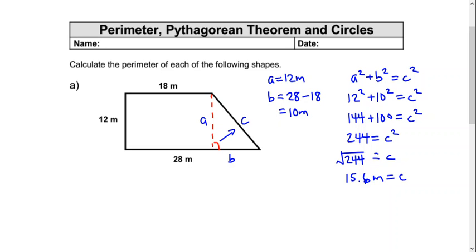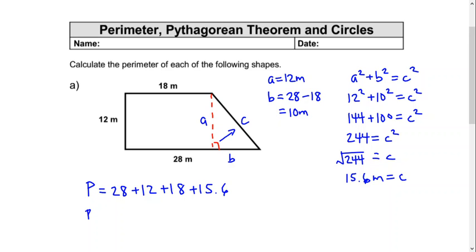So now that we've identified what the value of C is, we have all of the sides that we need to calculate the perimeter of this shape. So the perimeter is equal to 28 plus 12 plus 18 plus 15.6.